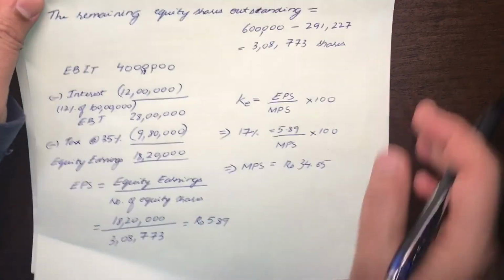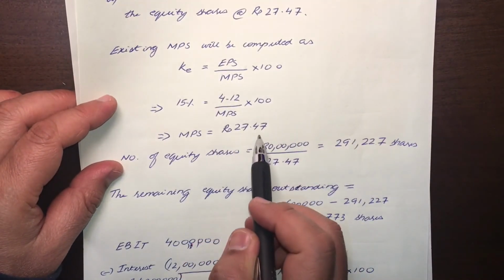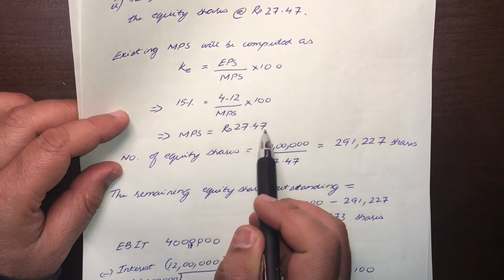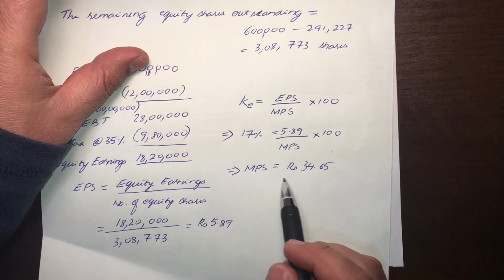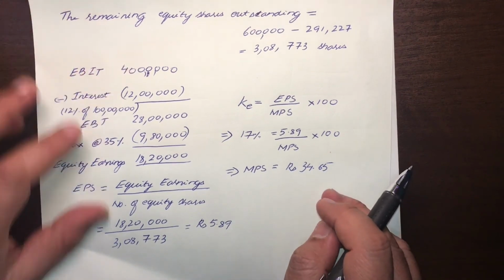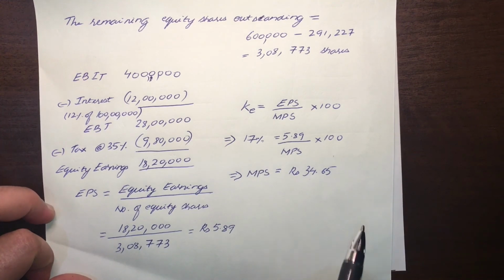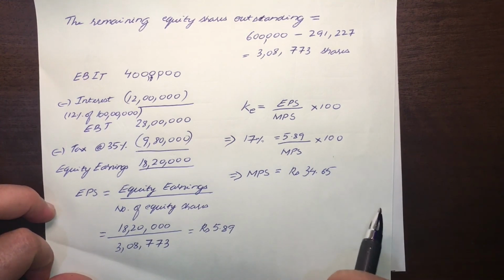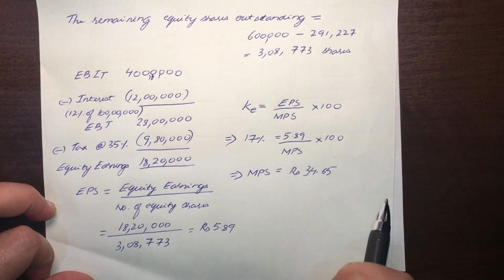And another thing is, you'll notice that the current market price per share is 27.47. Under the new capital structure, the market price per share also has increased to 34.65. So therefore, since the EPS and the market price per share are more than the existing or the old values, the company should adopt the new capital structure.